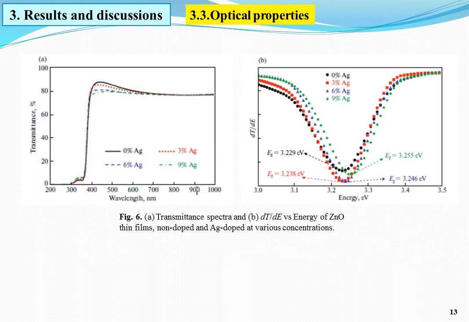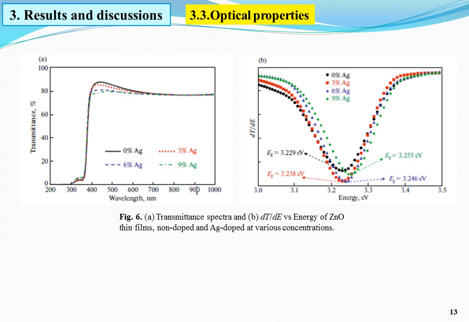Optical properties. The UV visible measurements have shown that the non-doped zinc oxide sample is highly transparent with an average transmittance of 83% in the visible region.